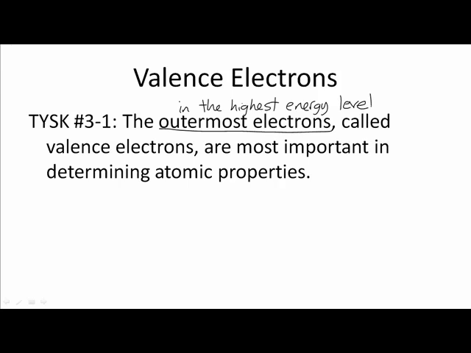The number of valence electrons in an atom can be found based on the column in the periodic table.